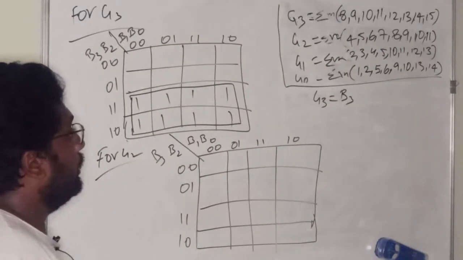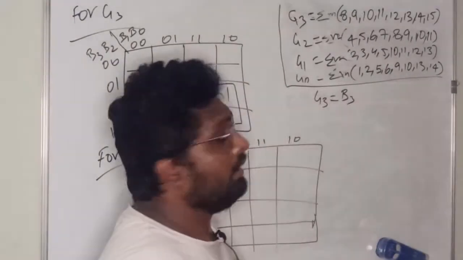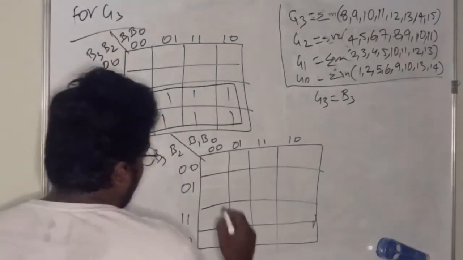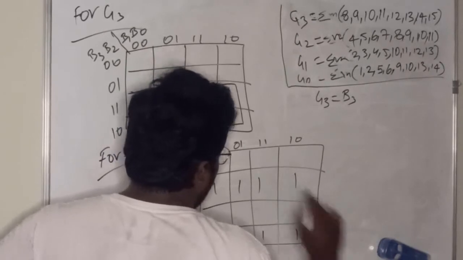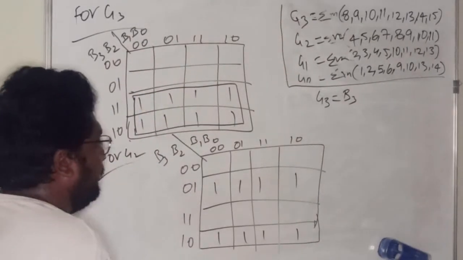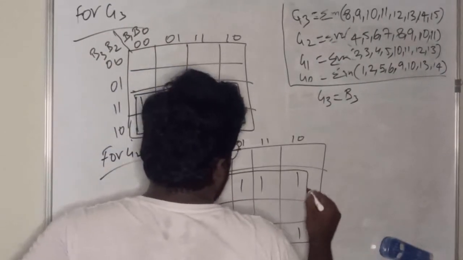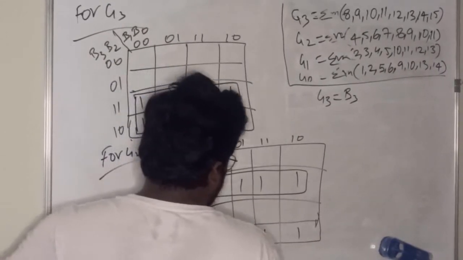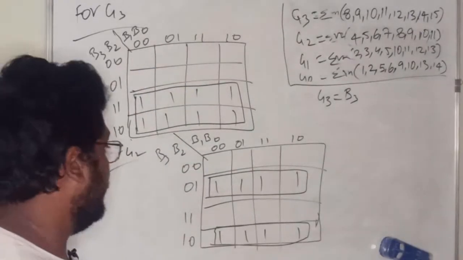Now if you observe here, G2 is having minterms 4, 5, 6, 7, 8, 9, 10 and 11, right? So from this we can form 2 quads, right? This is one quad and this is one quad.